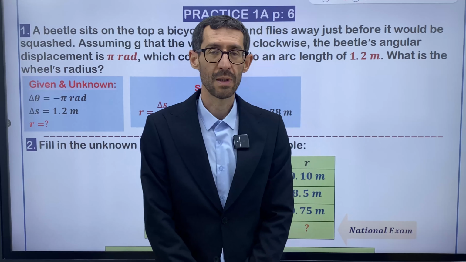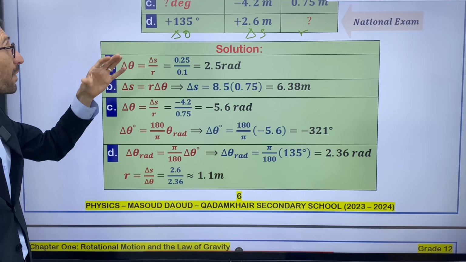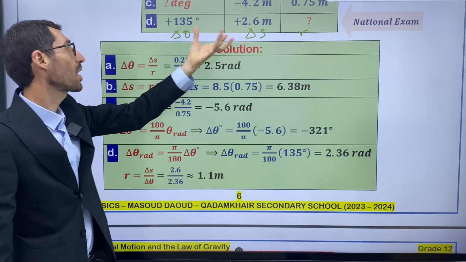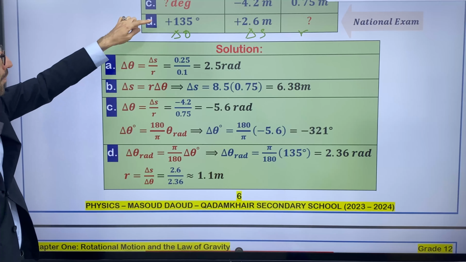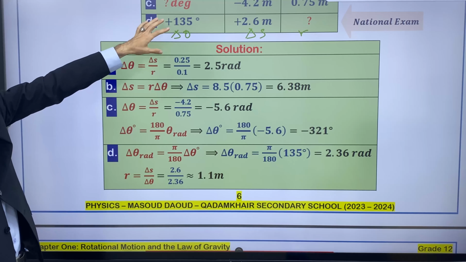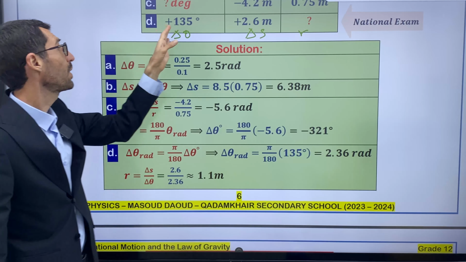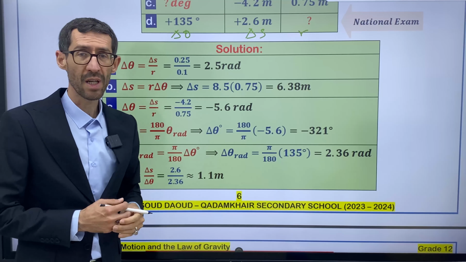This one is delta S, and this one is R. Right? We look for R here. But before we find R, what shall we do? I want you to convert this 135 degrees into rad. How do you convert 135 into rad?